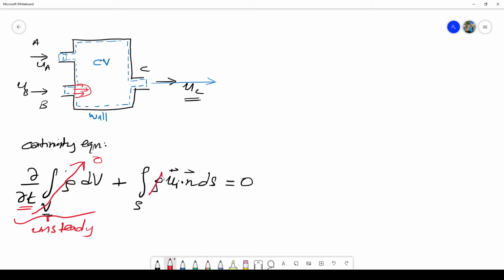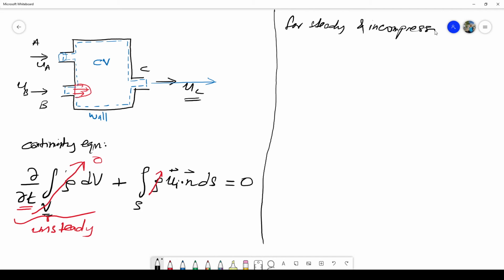Then the density is constant, so we can ignore the effect of the density in our problem. Now the continuity equation has reduced from the full form, and it can be written for the steady and incompressible flow problem.